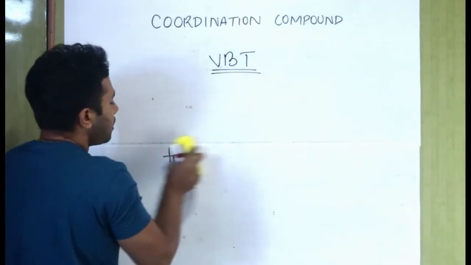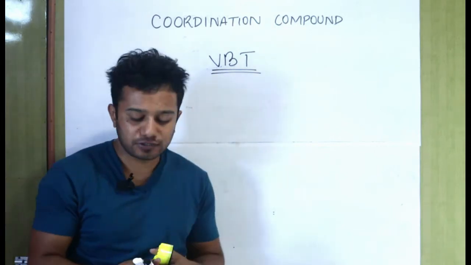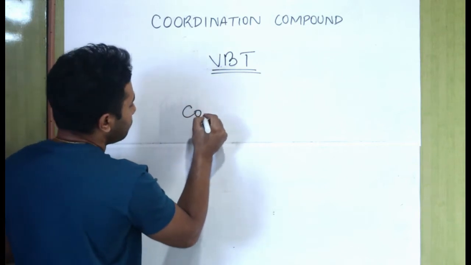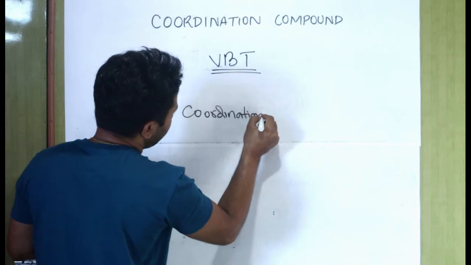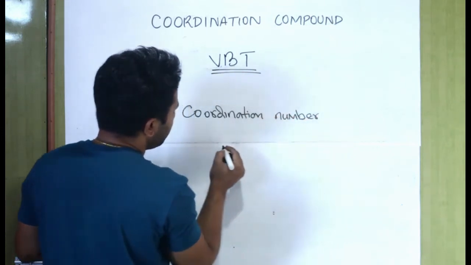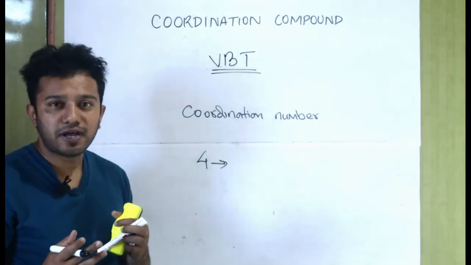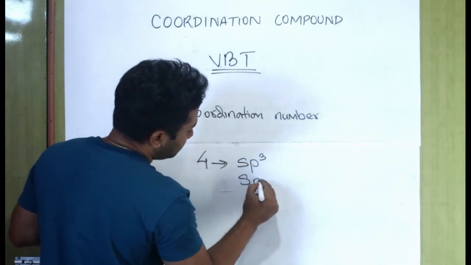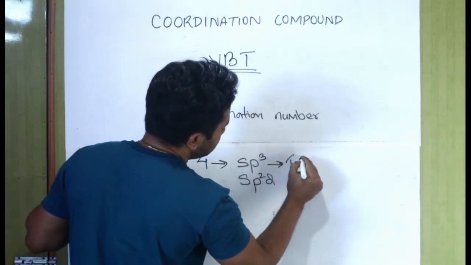since we are talking about geometry here, let's say the coordination number is 4. If the coordination number is 4, we can have two types of hybridization, that is sp3 and sp2d. sp3 will be tetrahedral.